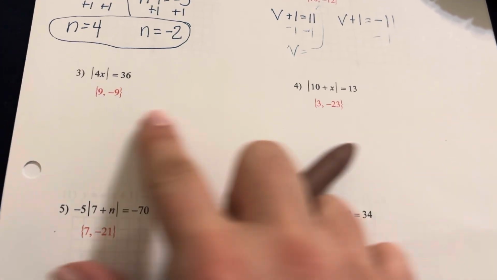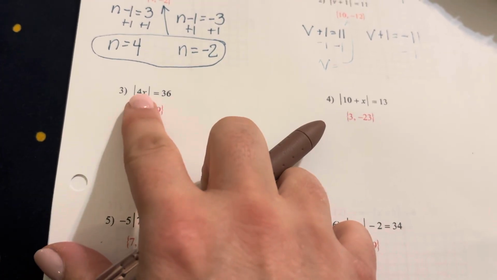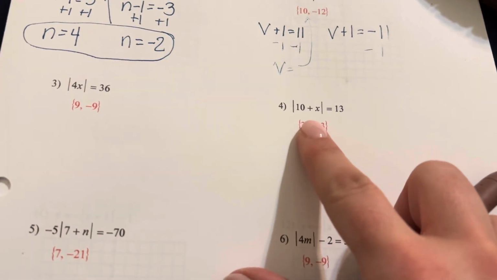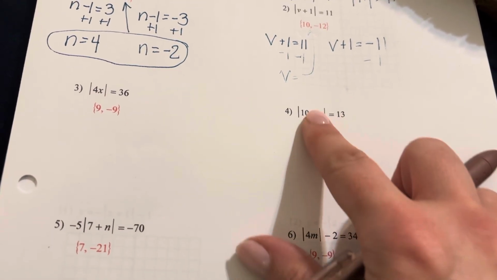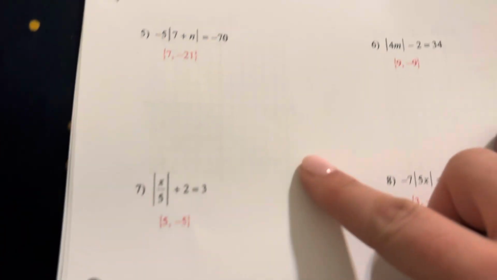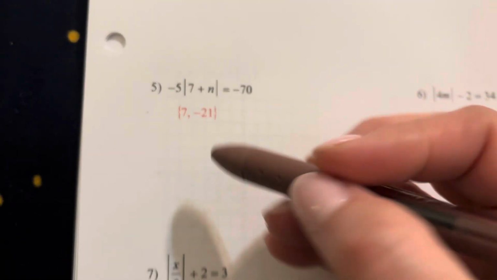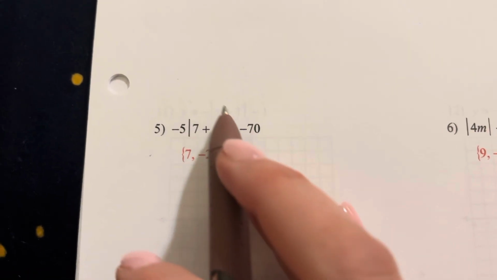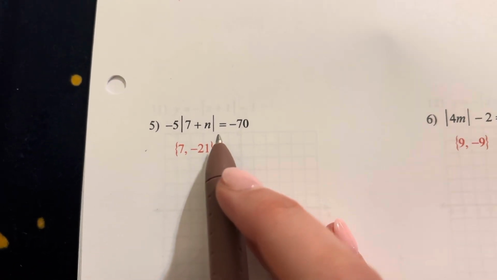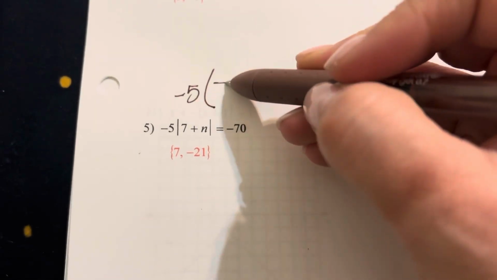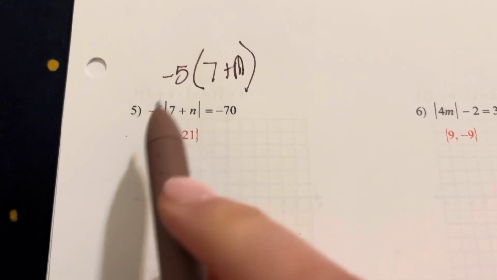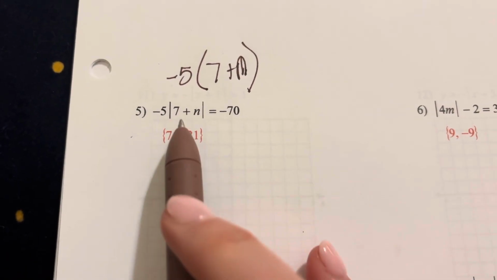So this is going to be the same kind of thing where you're going to set this equal to 36 and negative 36, and this equal to 13 and negative 13. But down here we come to number 5. And when we see this negative 5 outside of the absolute value, that's like saying negative 5 times the absolute value of 7 plus n, and it's a multiplication.